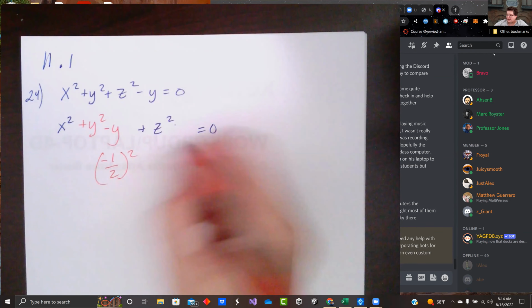Zero, one half, zero. The radius is a quarter? Close. This is r squared on the right. So the radius will be 1/2.